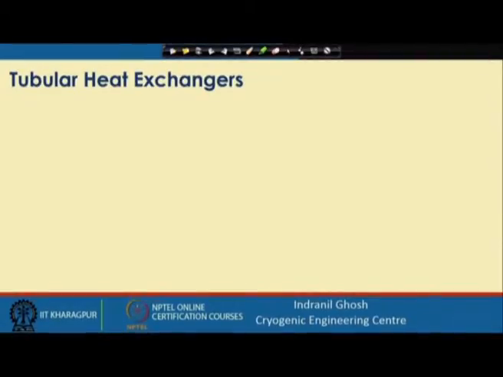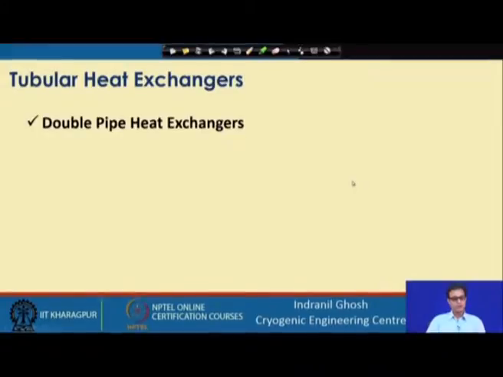But in reality we will find that those are the parameters which are to be determined, and first of all we will start with the geometries which are very simple and gradually we will go into the complicated ones. So, we will start with the tubular heat exchanger, where the simplest geometry that we have already discussed is tube in tube, or more commonly known as double pipe heat exchangers.